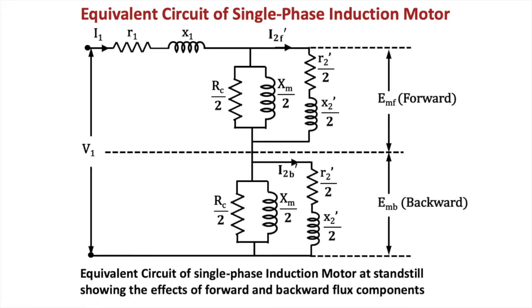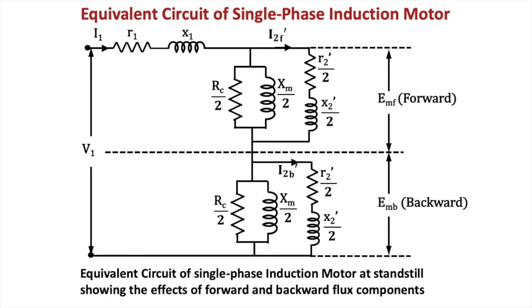Now the equivalent circuit of the single phase induction motor based on the double field revolving theory, we have got two components of the field and therefore the rotor induced EMFs are divided into two parts, one as the forward EMF, the other one is the backward EMF, and at standstill both the forward EMF and the backward EMF are equal because both the slip frequencies are the same, that is the supply frequency.